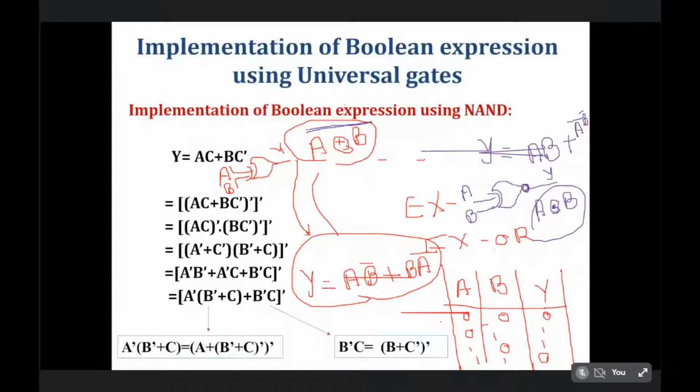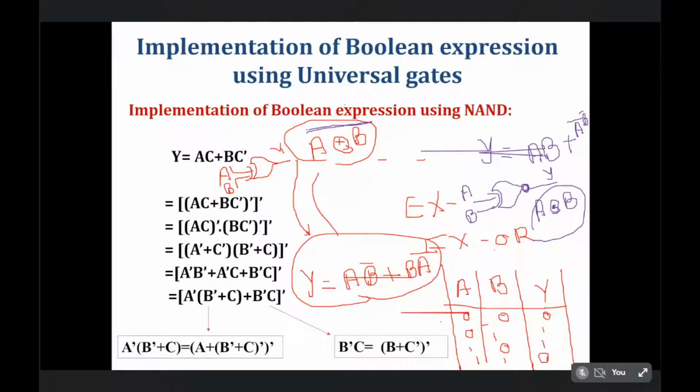So we have implemented the basic gates with the use of NAND and NOR gate. Just like that, we can implement the exclusive OR gate and the exclusive NOR gate with the use of NOR gate and the NAND gate.